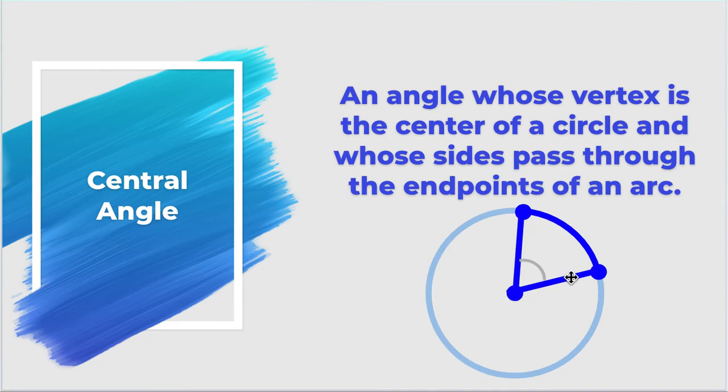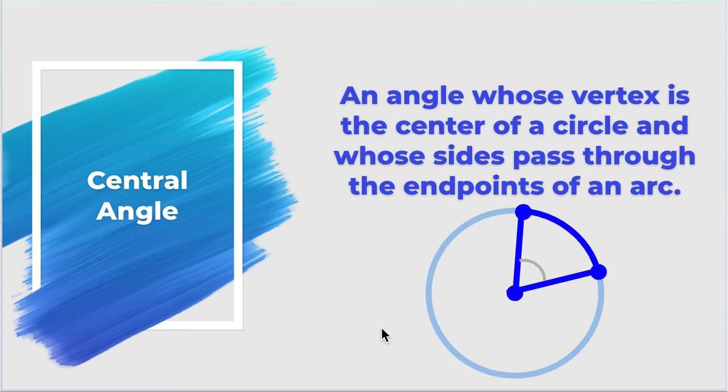This picture is an example of a central angle. You'll see that the vertex of the angle is at the center, and where the angle ends is at the ends of an arc. So this angle right here is called a central angle. It's an angle at the center of a circle going to two ends of an arc. We're going to write that definition down with the picture.